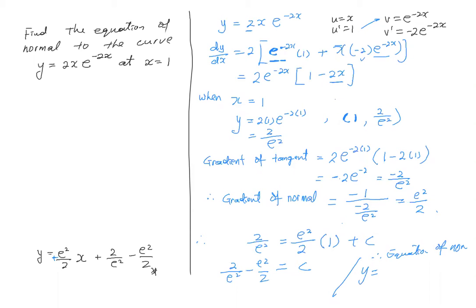There is a 2 here, so you have to be very, very careful. Write down your c. Done. So that is how you find the equation of normal.